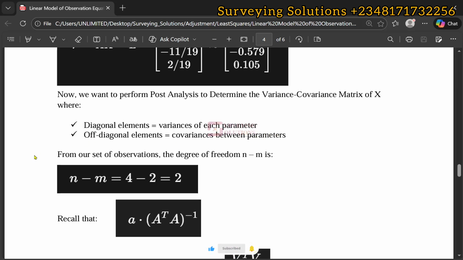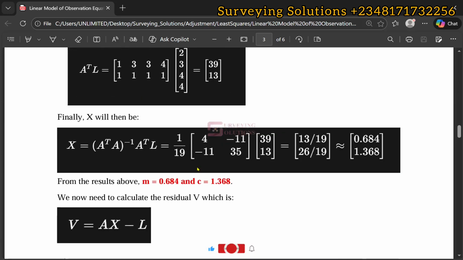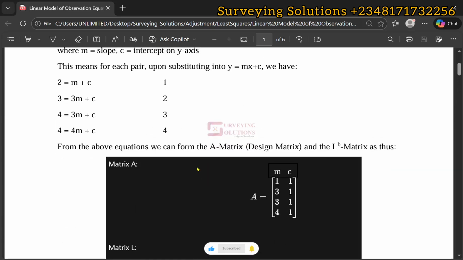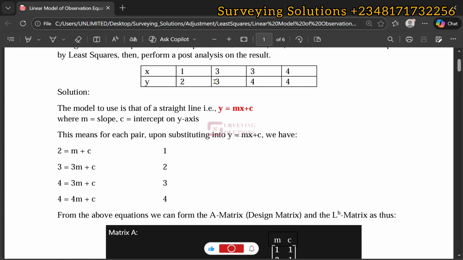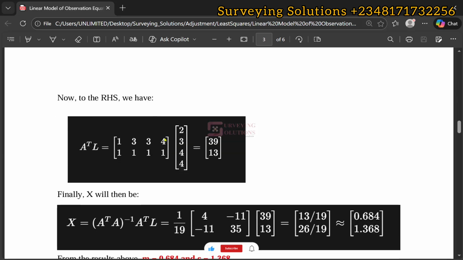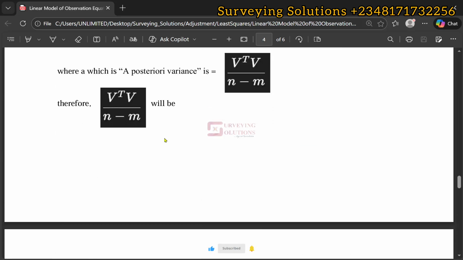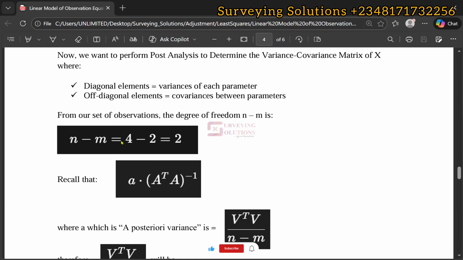So from our observation, the degree of freedom n minus m is 4 minus 2. So what this simply means is that we have 4 observations. If you recall, we have 1, 2, 3, 4, and then the unknowns that we are looking for are actually M and C, right? Good. So that defines the degree of freedom, which is 4 minus 2, which is 2.